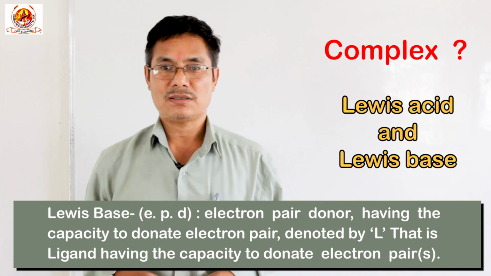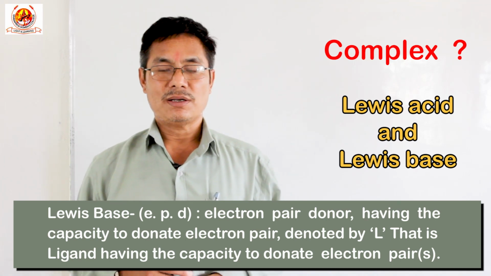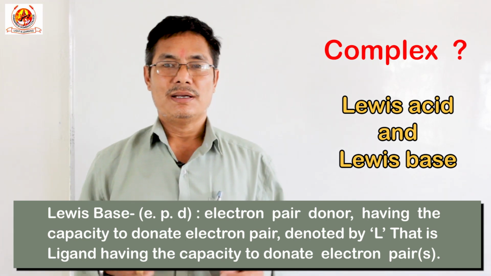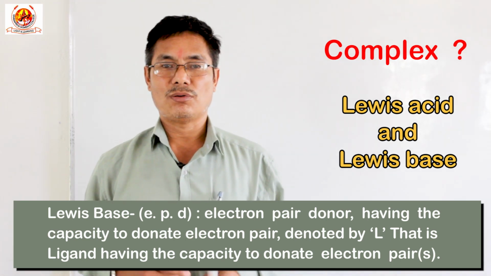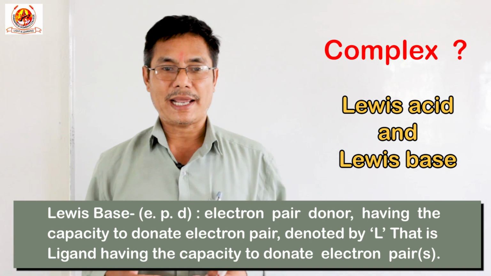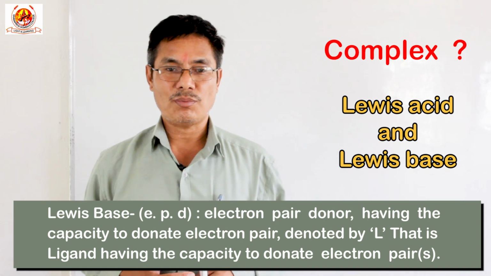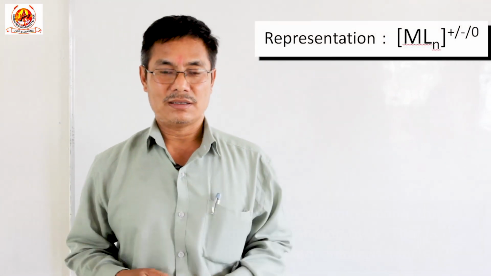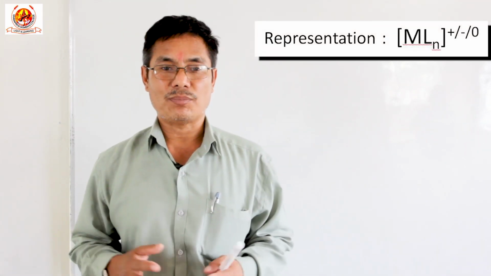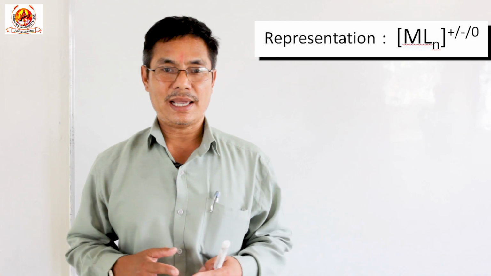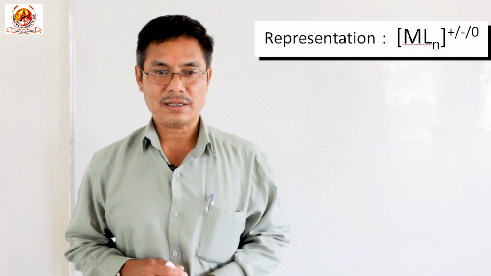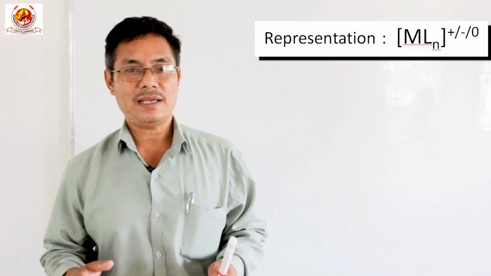In the complex, it is represented within square brackets. The acid part is the central metal atom, and the basic part we represent by L. Both the M and the L are kept inside the square bracket, and it may carry a charge.